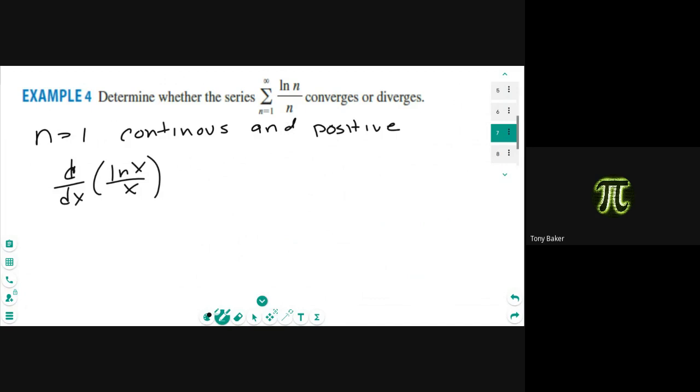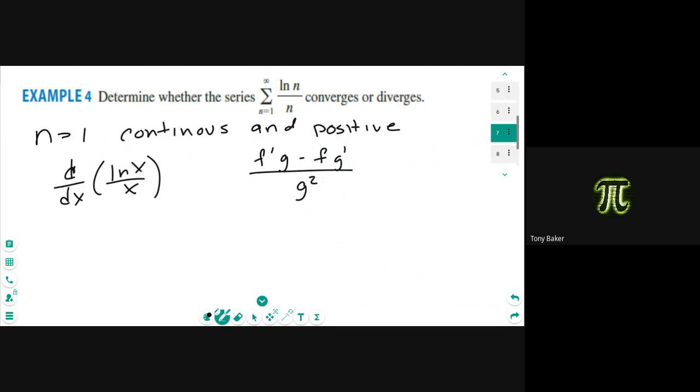I'm really going to test your remembering skills. What's the quotient rule? Derivative of the first times the second minus the first times the derivative of the second, over the second squared. Very good.